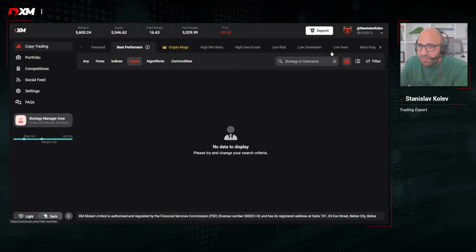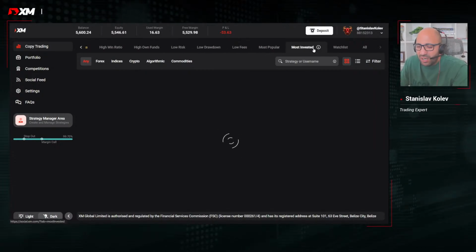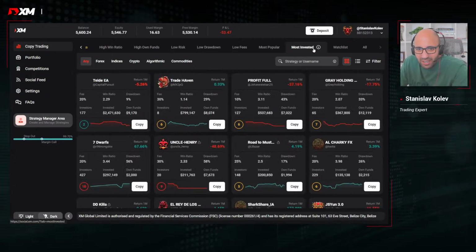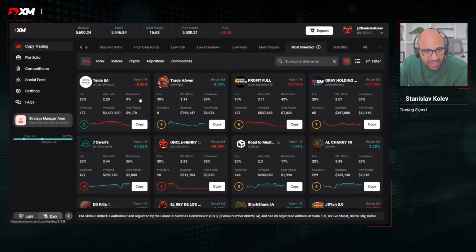What could that be? As I said, most invested looks very appealing. The reason behind this is that the more people that are invested into your portfolio, maybe the better it performs. We have this 9% drawdown, but it was not much. We've got also here with 30%, 43, 33.